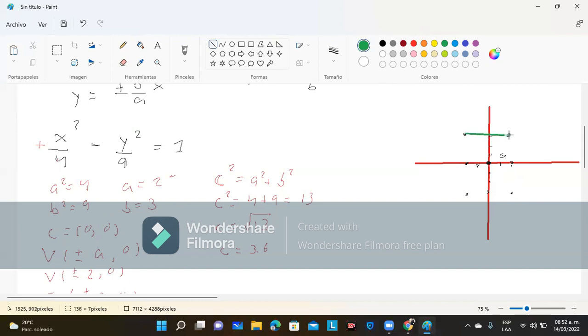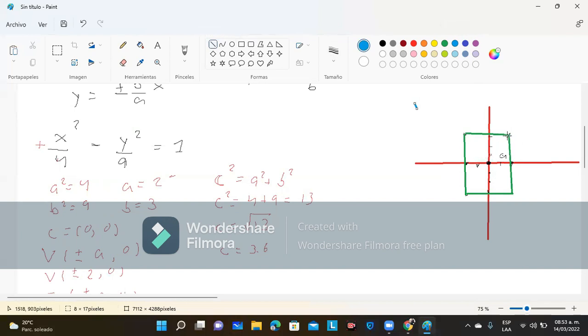Okay, we are going to create a rectangle. And this rectangle is going to help us to create the asymptotes. So with this rectangle, we are going to write the asymptotes that are going to be the diagonals of this rectangle.